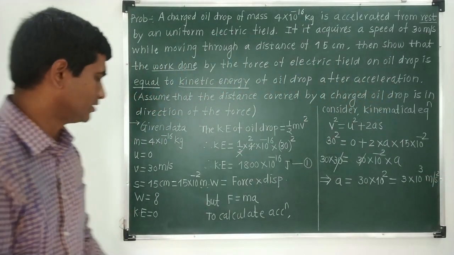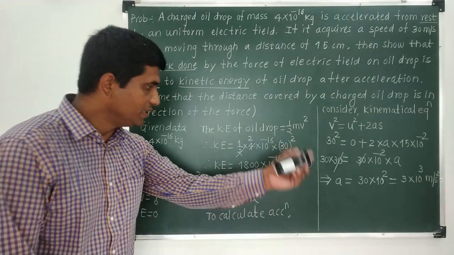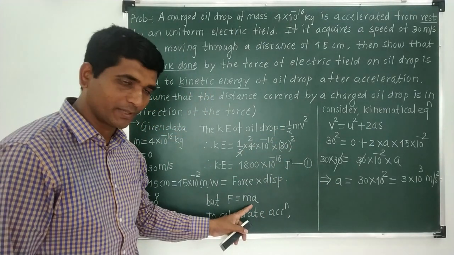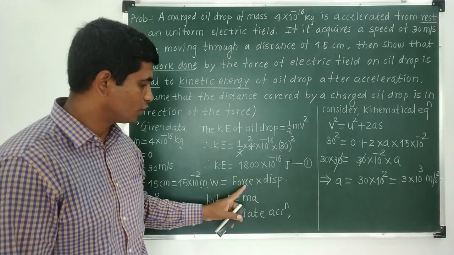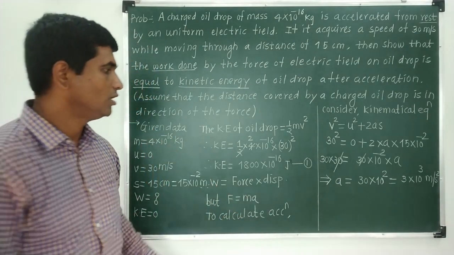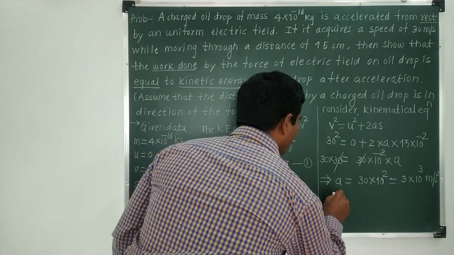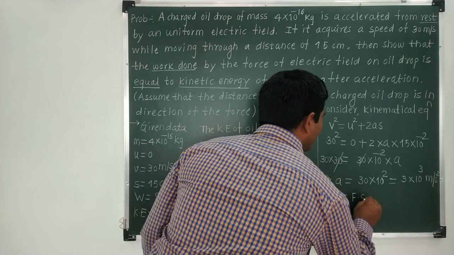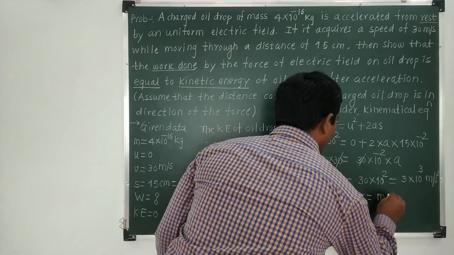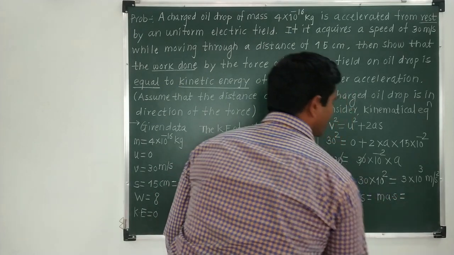This is the acceleration. Now we will substitute that acceleration in this expression. From mass into acceleration we can calculate the force, and if we know the force into displacement, we can calculate the work done. Therefore W is equal to force into displacement, which is mass into acceleration into displacement.